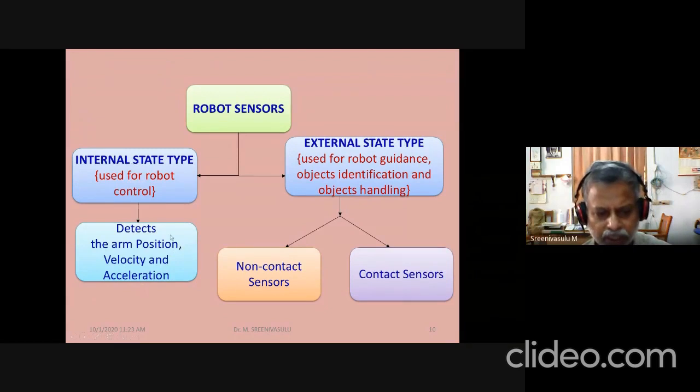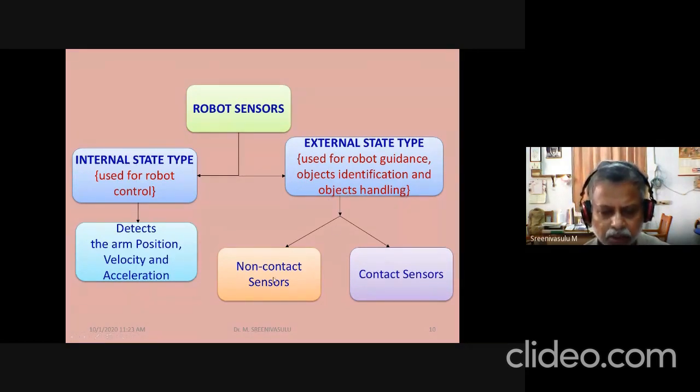So the sensors that are all trying to detect position, velocity and acceleration are referred to under internal state type. Then coming to the external state type, these are basically used to guide the robot, as well as for object identification and also for object handling.